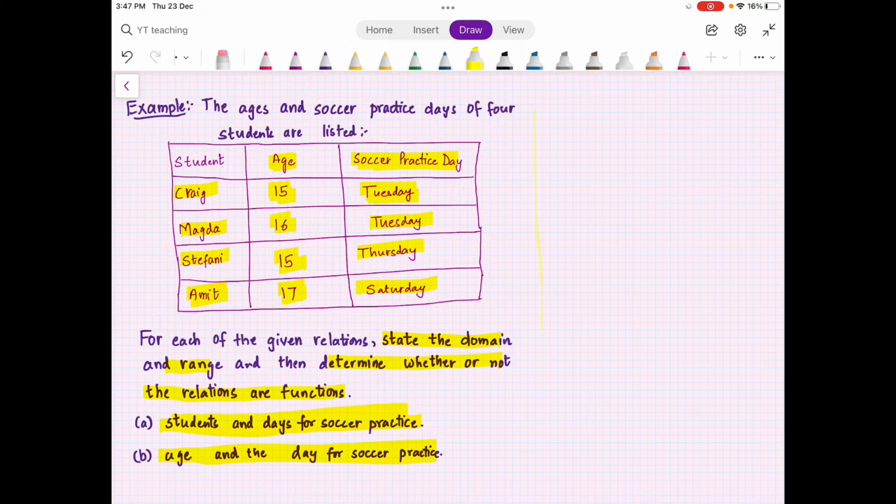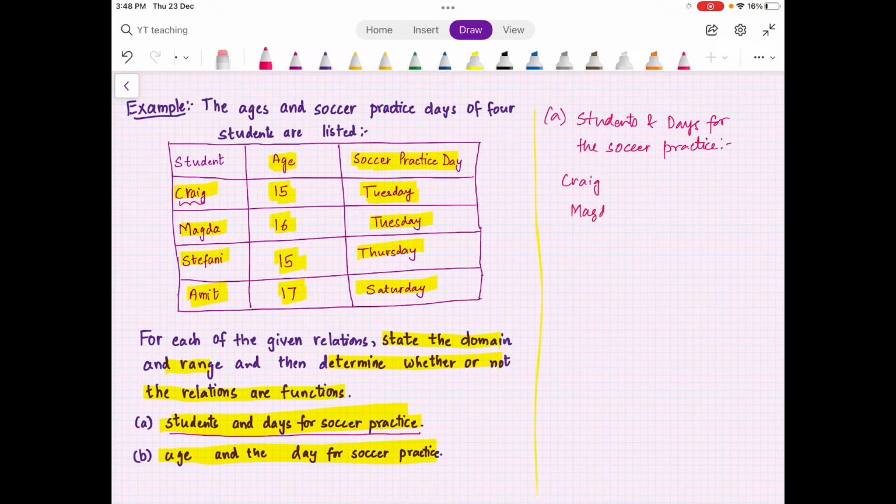Your first one here is students and days for the soccer practice. So if I have the students here, I have Craig, and then Magda, and then Stephanie, and then Amit.